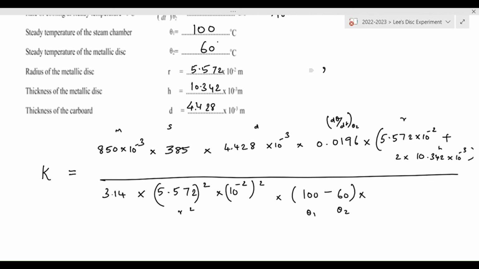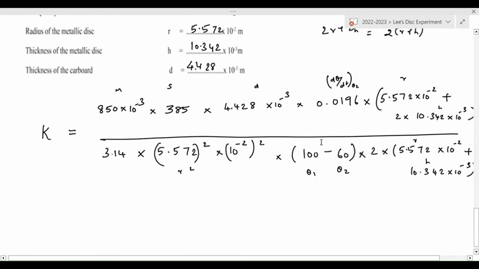In this 2R plus 2H, I am going to take 2 as a common term and write R plus H. 2 into R is 5.572 × 10^-2 plus H, which is 10.342 × 10^-3. If you want to calculate this easily, your first work is to find R plus 2H.